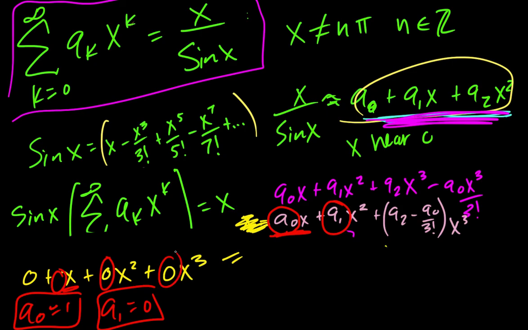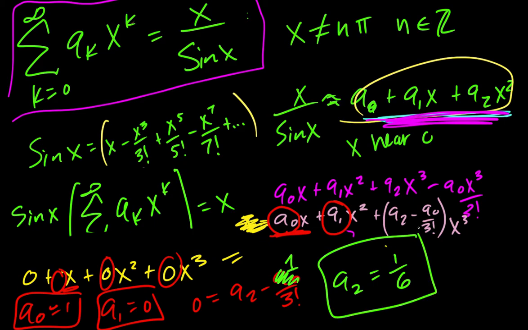This one will be a little more complicated, but 0 is equal to a2 minus a naught over 3 factorial. A naught we've already found is 1. So if I just add this to the other side, we end up with a2 equals 1 over 3 factorial. 3 factorial is 3 times 2 times 1, which is 6.